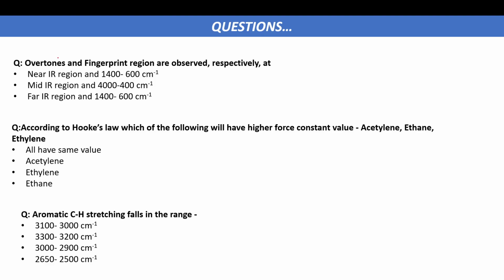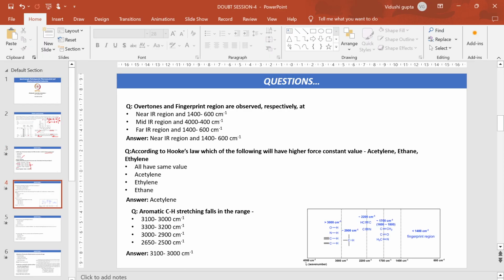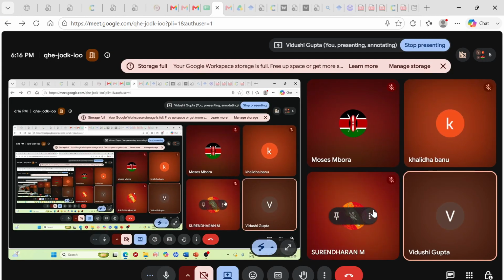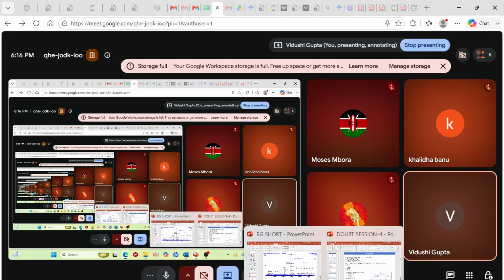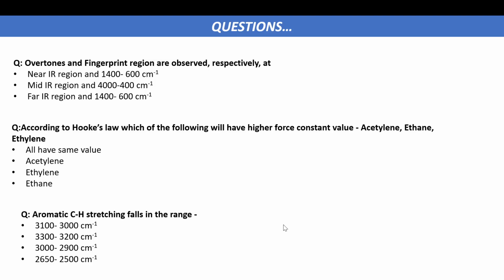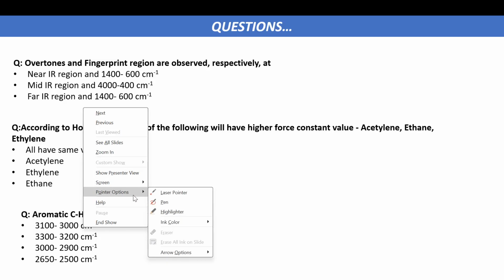Moving to next. Overtones and fingerprints are observed at near IR, mid IR, or far IR. So what will be the answer to this? Anyone? What are overtones basically?